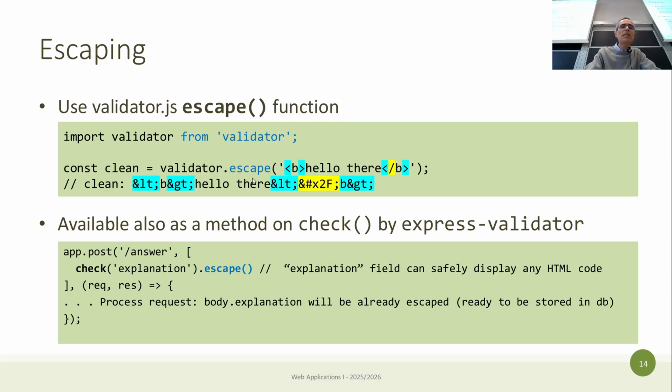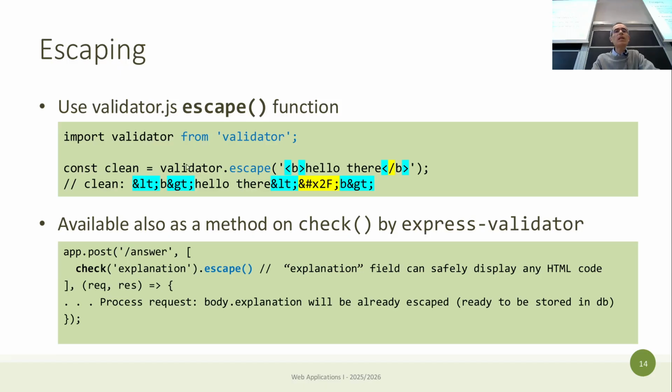And this validator has an escape method, and you see the result of this escape method when it's used on a string like this, the less than, the greater than sign, the slash, and so on. So you see the conversion. This is done automatically by this method.